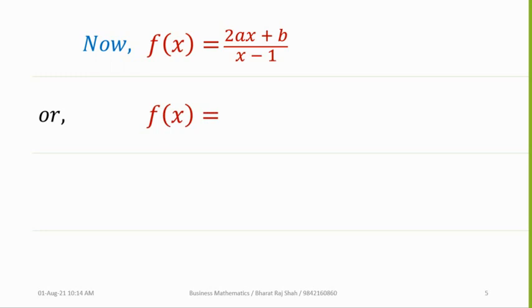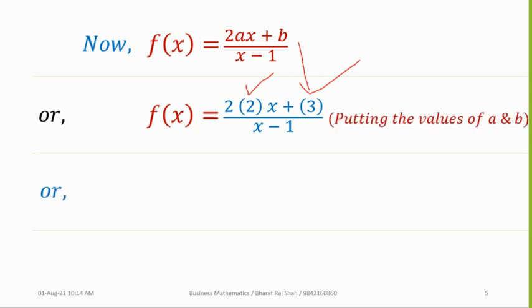Seria Arial said put the value of a and b. Okay, Seria, you're right. So now in this function we are going to substitute the value of a and b. The value of a is 2 and the value of b is 3.